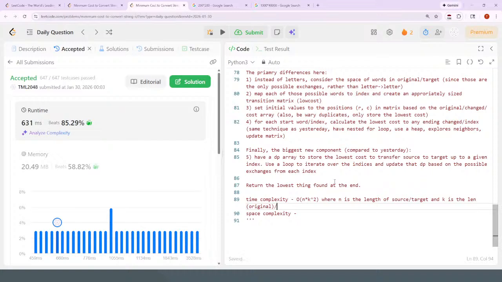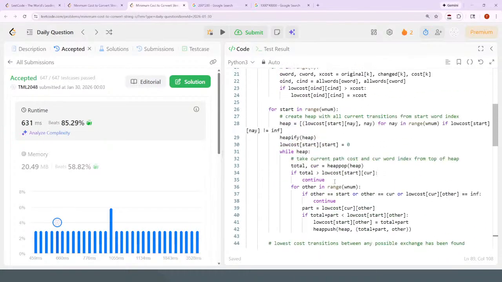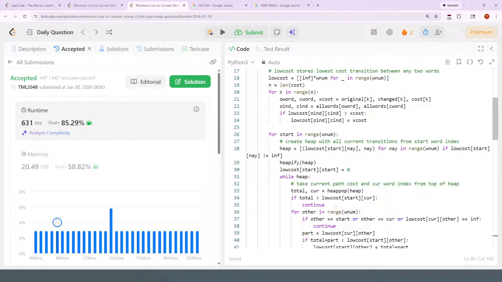I guess k is the length of original plus length of changed. This is to build the transition matrix.